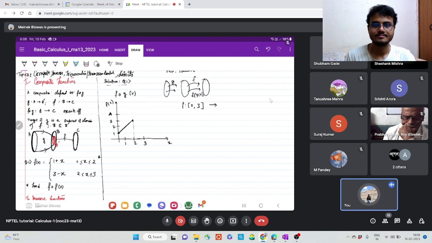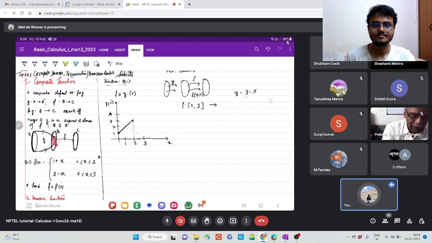Similarly, 3 minus x would be from 2 to 3, right? So at 2 it is 1. If y is equal to 3 minus x, the intercept of this line is 3 and with a minus 1 slope. So it goes to 0 at x equal to 3.